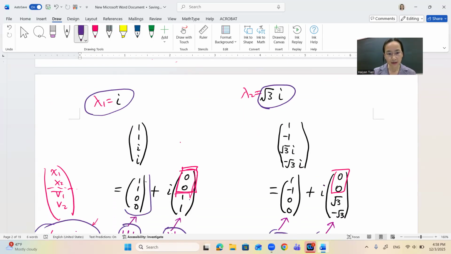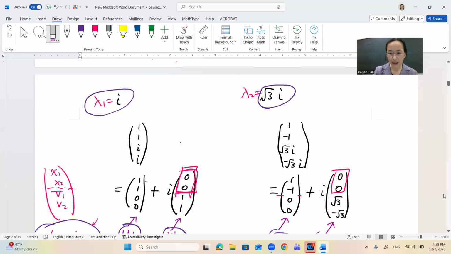That's the U1, the real part of the eigenvector. But the first 2 entries are 1, 1. U2, right, is the real part. But we only look at the first 2 entries, which will be 1, -1. Okay, so that is just for your observation.